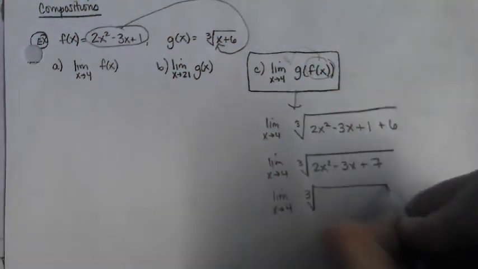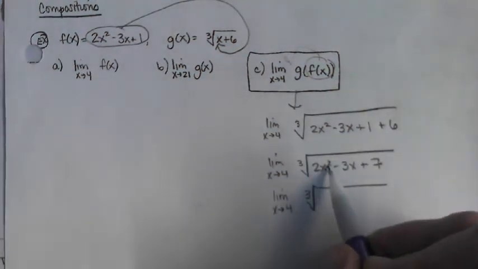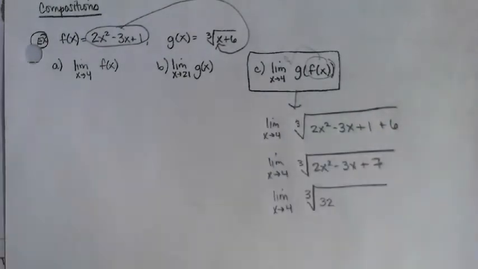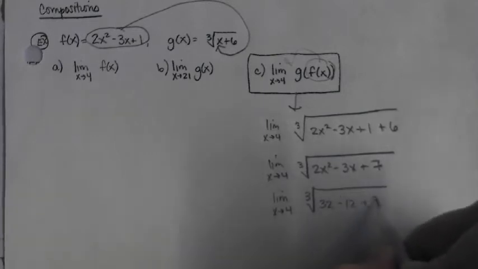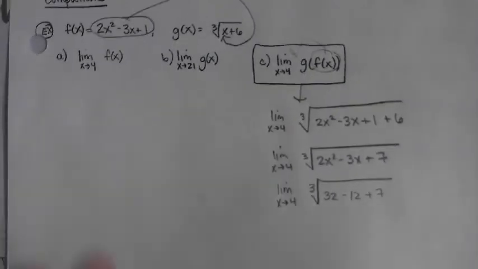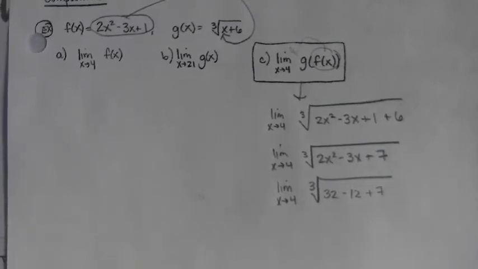So the cubed root of 2 times 4 squared is 2 times 16, which is 32. Minus 3 times 4 is minus 12, plus 7. What did I do wrong? Notationally.